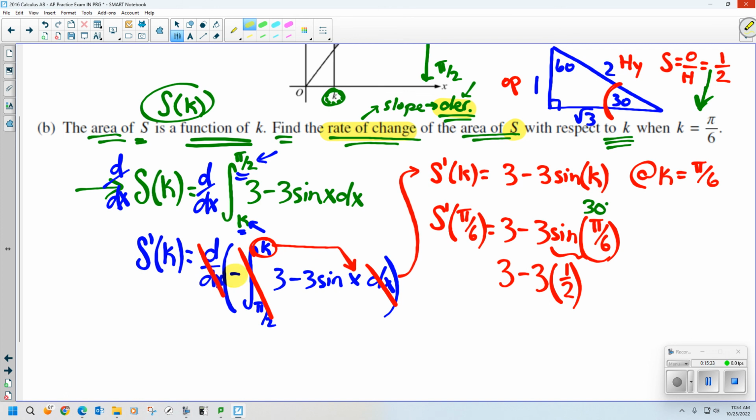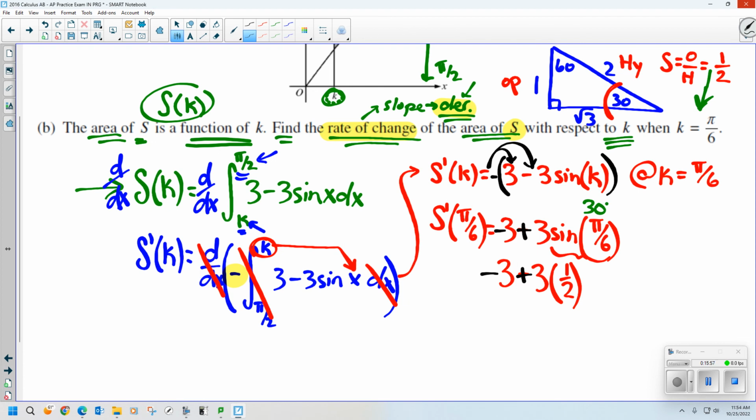We forgot to carry this minus sign. So I'm going to negate this whole thing, which makes it -3 plus 3/2. Forgot to carry that negative sign. Remember that first problem, 4a? I was like, don't forget the 3.